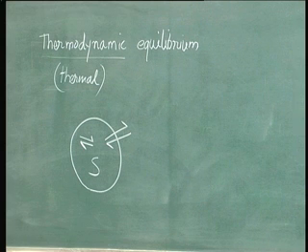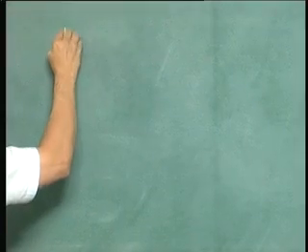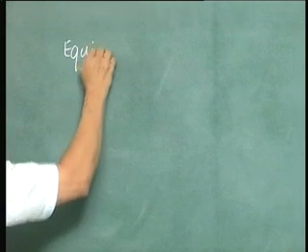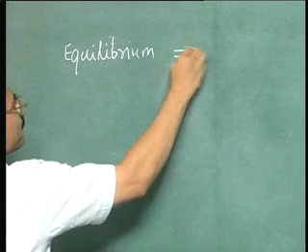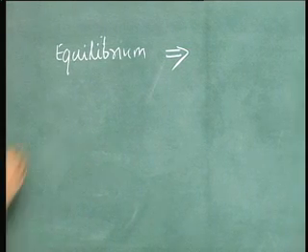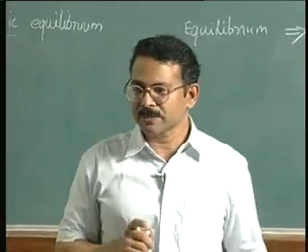So a semiconductor is in thermal equilibrium if, one, no external excitation other than temperature.